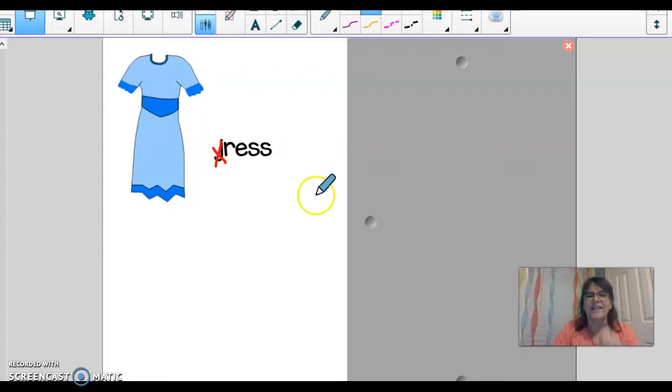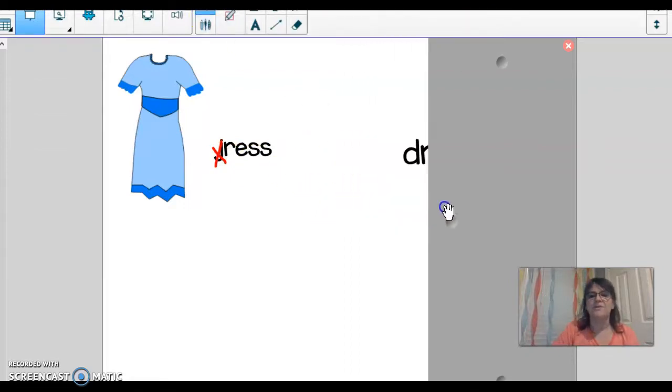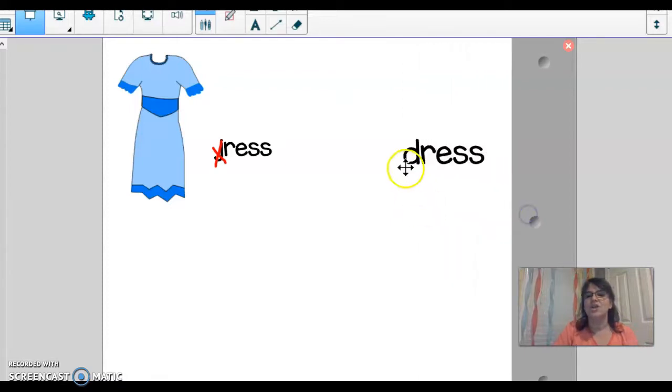It actually goes D-R-S, dress. So you're going to hear a D-R. Hear the difference between dress and dress? Okay, so that's what we're going to need to practice today.